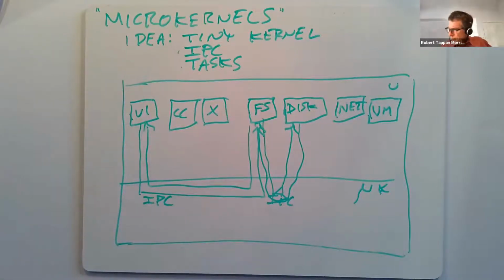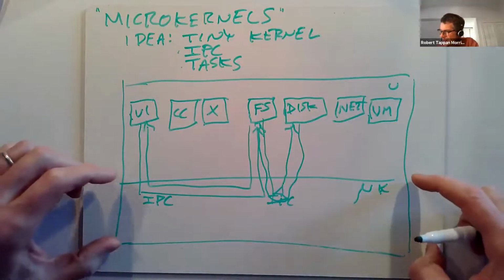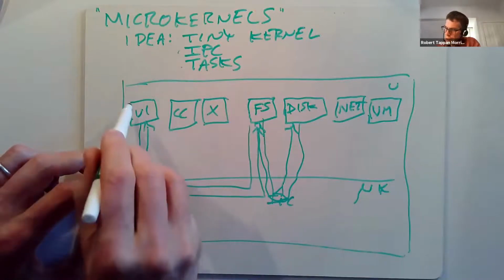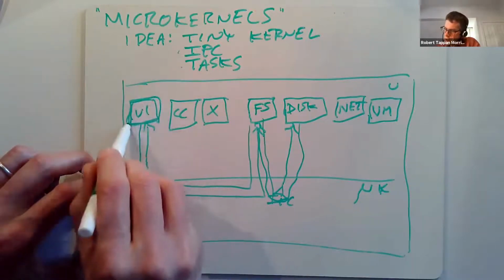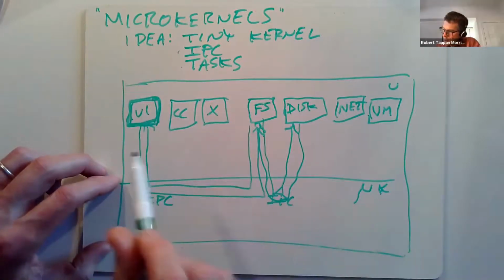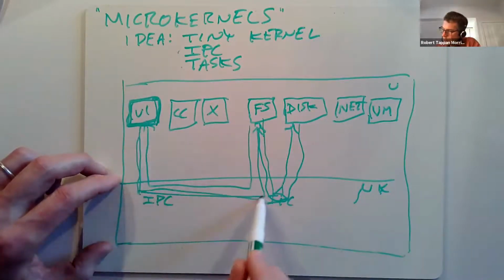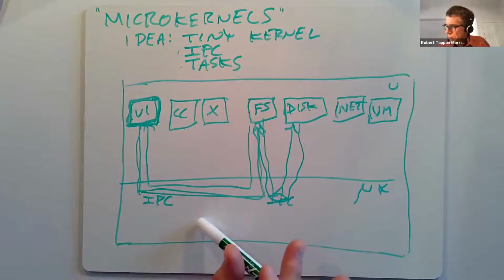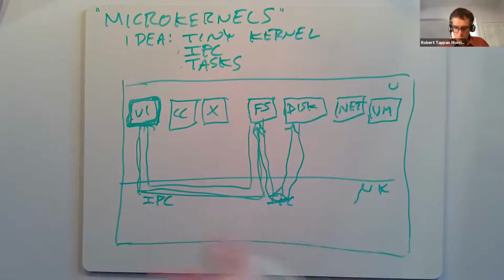But the critical thing to notice here is that the only stuff going on down here in the kernel is support for these processes or tasks or threads or whatever they might be, and support for the inter-process communication message passing, and nothing else. There's no file system down here. There's no device drivers necessarily down here in the kernel. There's no network stack.